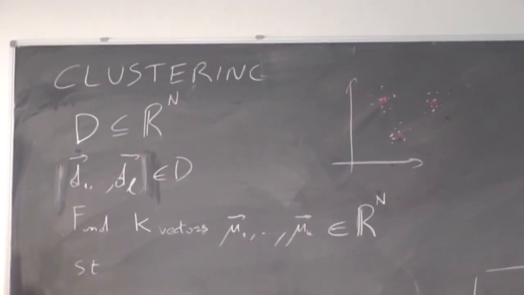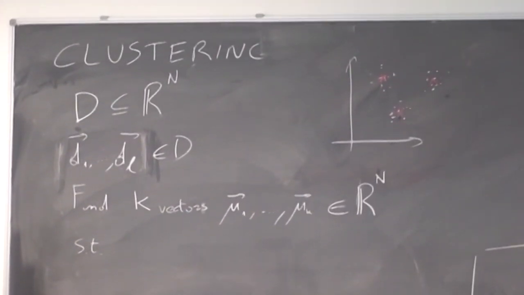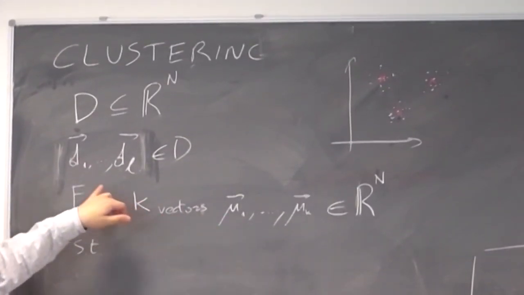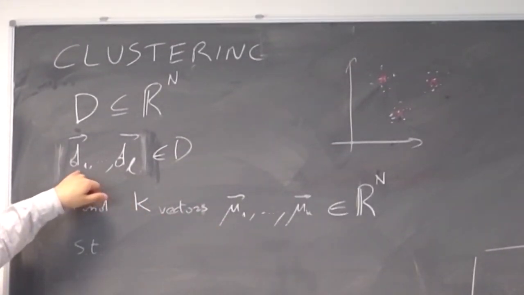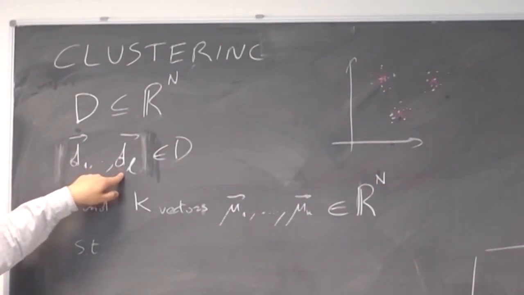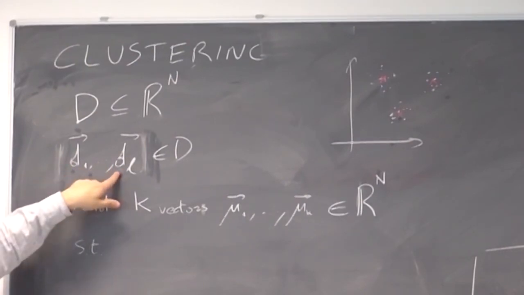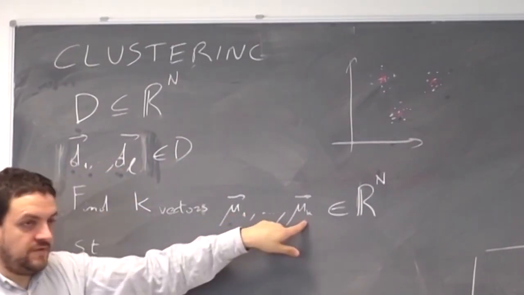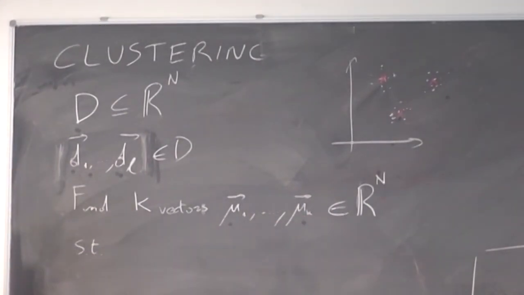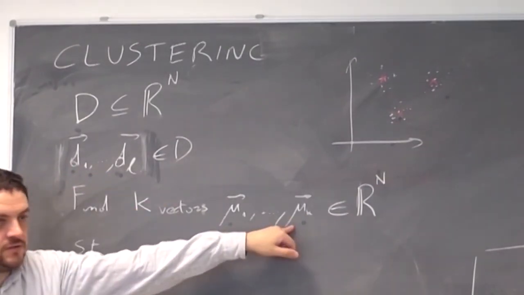I have L elements. I want each of these elements to be represented by one of these vectors. And in particular, I choose for each element the closest vector.